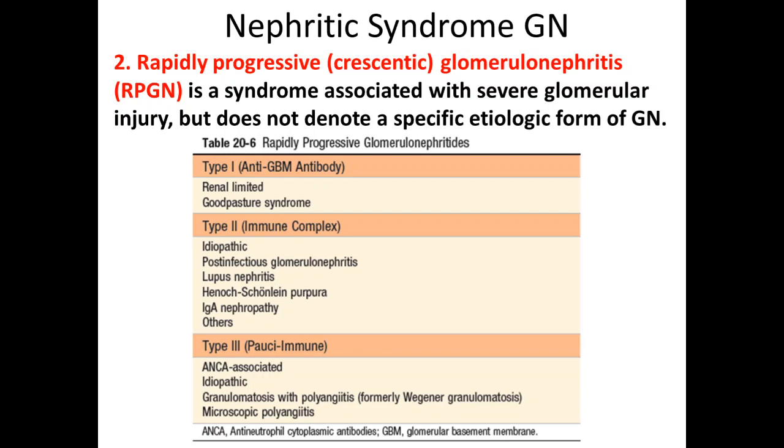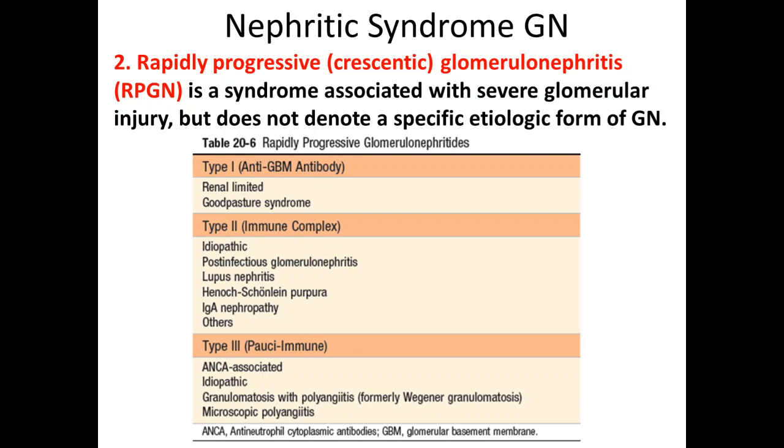Type 2 is the immune complex type, which is the most common pathogenetic pattern. It develops under idiopathic glomerulonephritis, post-infectious glomerulonephritis, lupus nephritis, Henoch-Schönlein purpura, and immunoglobulin A nephropathy.